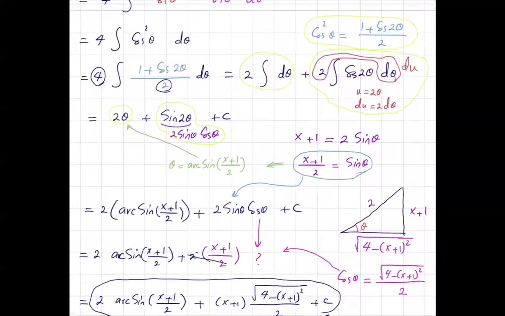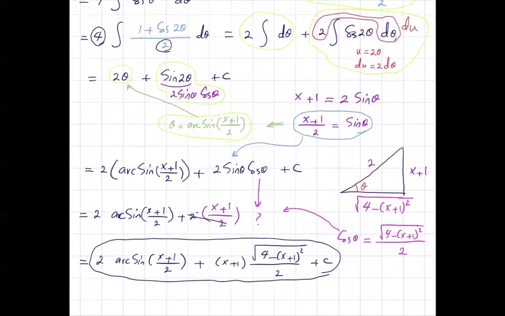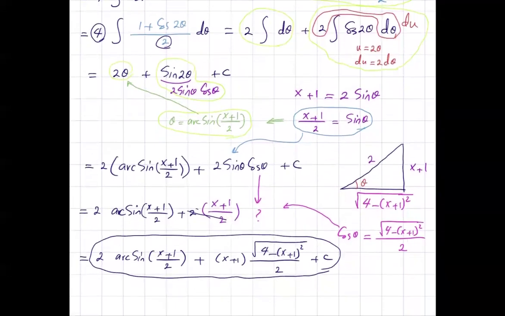So since x plus 1 is equal to 2 sine theta, x plus 1 divided by 2 is sine theta, or theta is arc sine or inverse sine of x plus 1 divided by 2. You write it in terms of substitution for theta, and using the right triangle, you have your sine theta, cosine theta, substitute everything, and this is your integral.